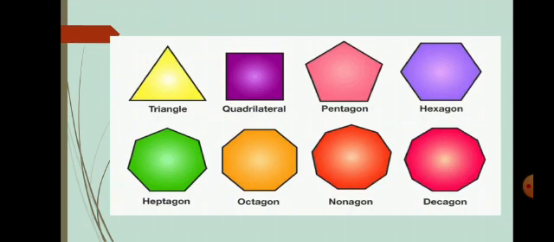See, triangle, quadrilateral, pentagon, 5 sides, hexagon, 6 sides, heptagon, 7 sides, octagon, 8 sides, nonagon, 9 sides and decagon, 10 sides. These all figures are in the category of polygons.